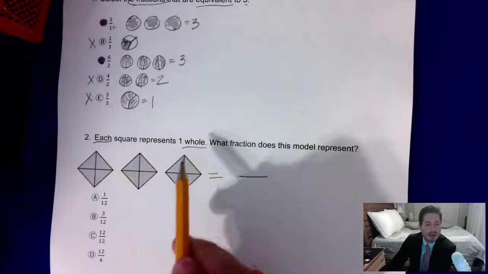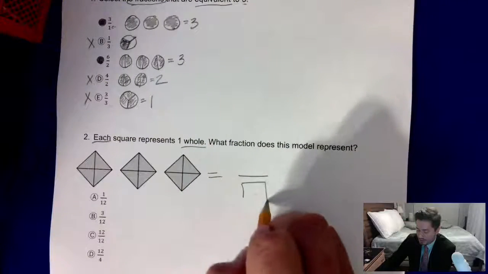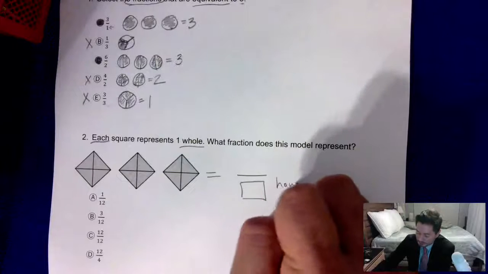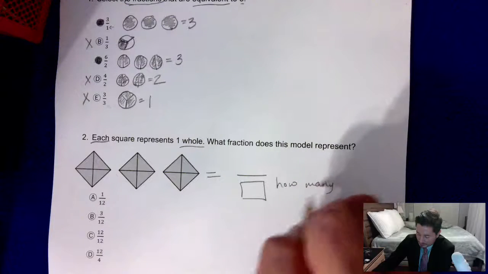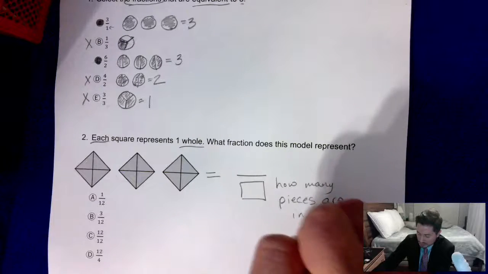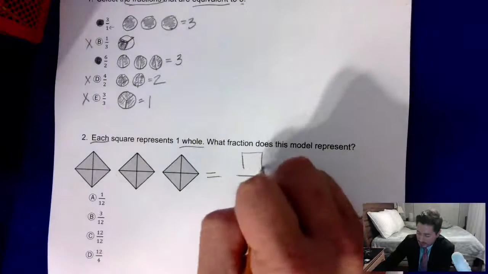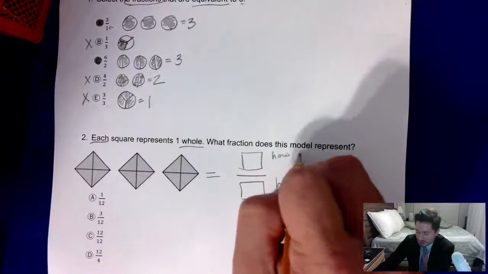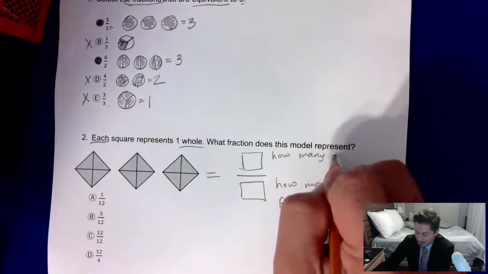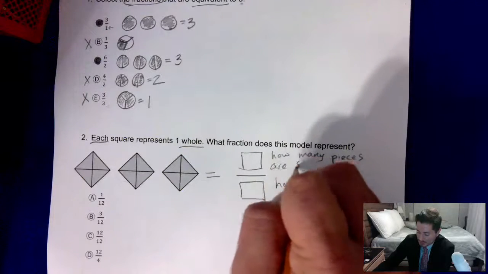First, we have to find out how many pieces are in 1 whole for the denominator. In 1 whole. And then the top number is going to be how many pieces are shaded.